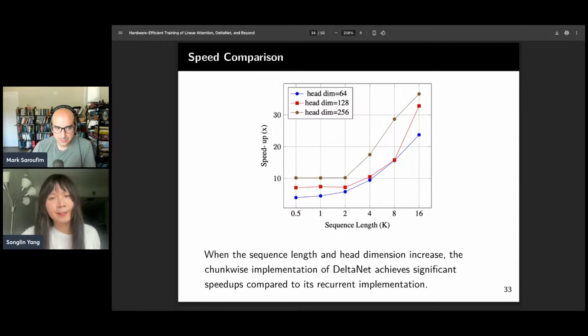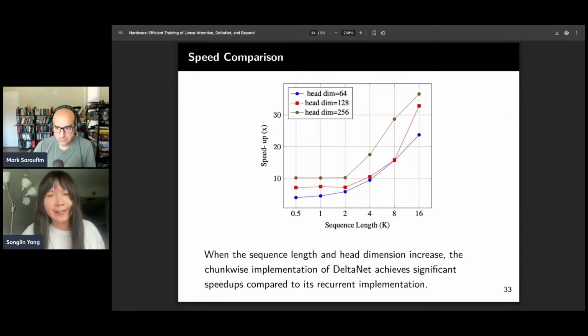This is why when we increase from 0.5K to 2K, we still have a larger batch size, and this batch size along with the number of heads could provide a sufficient amount of parallelism for computation. So we do not need that much sequence-level parallelism in this case.